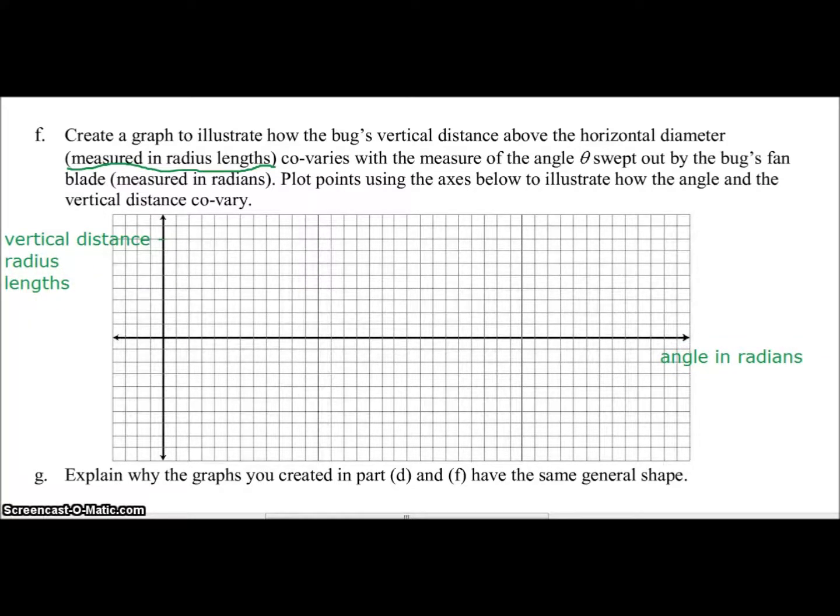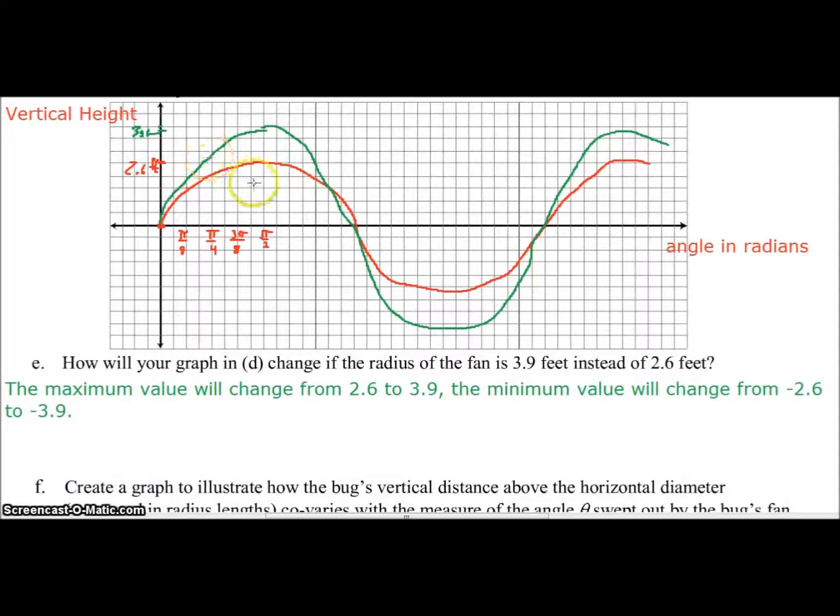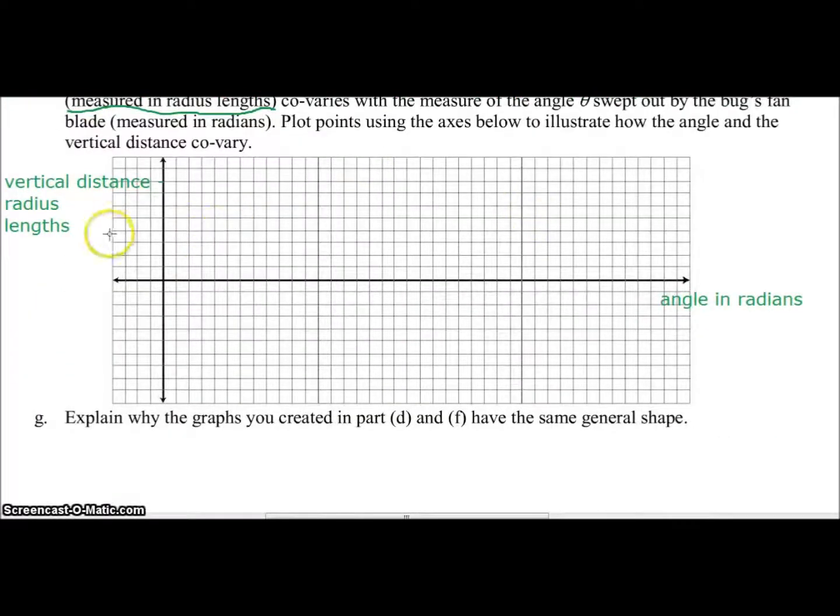What's interesting is it's pretty much going to be the same graph as this one, but whereas here the highest point was the radius 2.6 feet, in this case the highest point will be 1 radius.